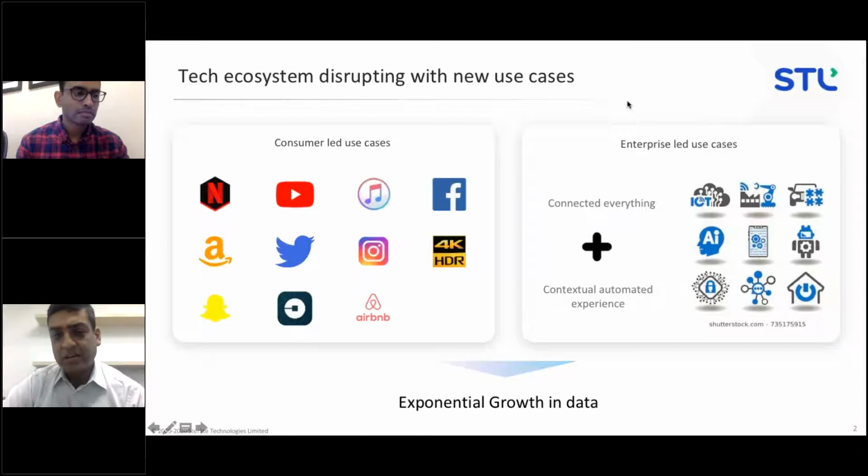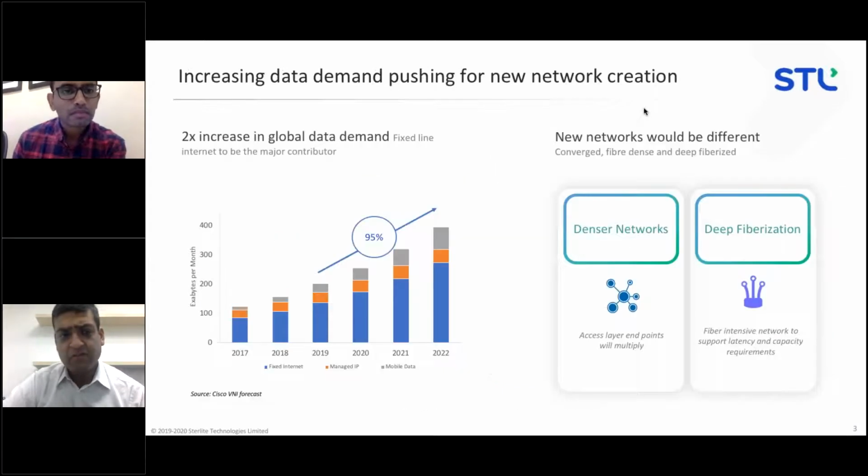When you get into this set of use cases, the data requirements are going to be many-fold of what we are seeing today, and we are seeing an exponential growth in data. In fact, we have roughly a doubling of global data demand every 3 years at this point in time.